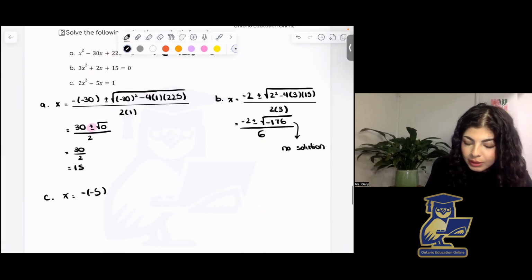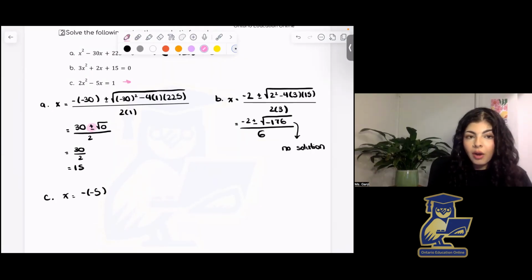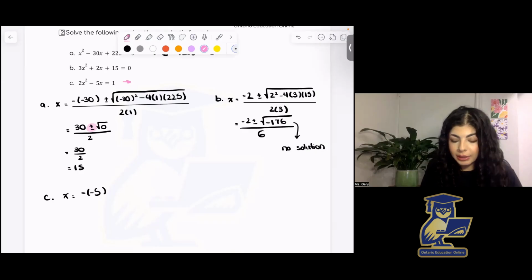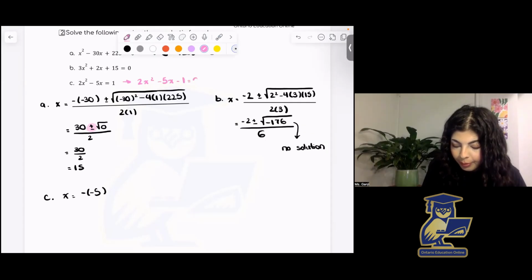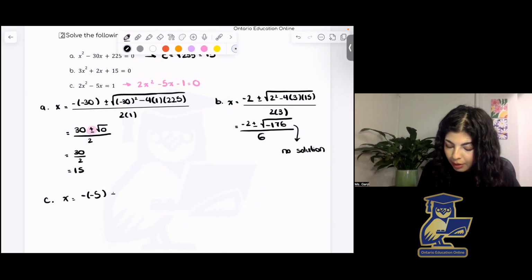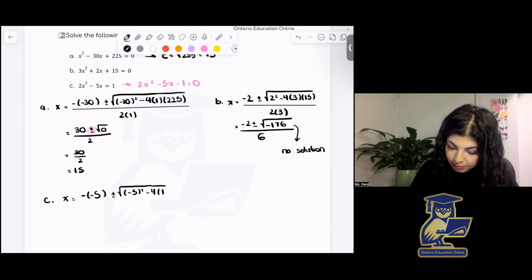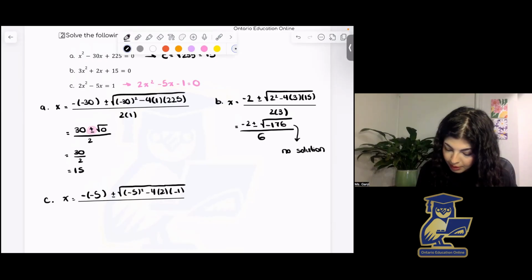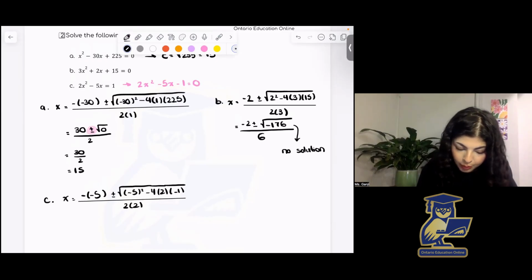And let's look at our last possibility, example C, where x is negative b. And with this one, there was a little bit of a trick to it because it's not right away equal to 0. So you do have to do a little bit of change to get the correct values of a, b, and c. So now, plus or minus the square root of b squared minus 4ac, and all this over 2a, so 2.